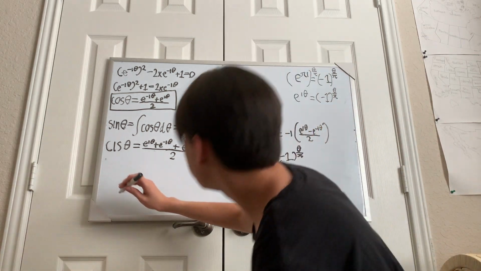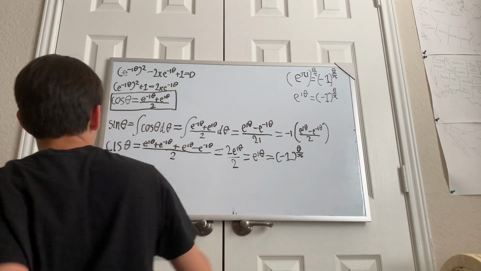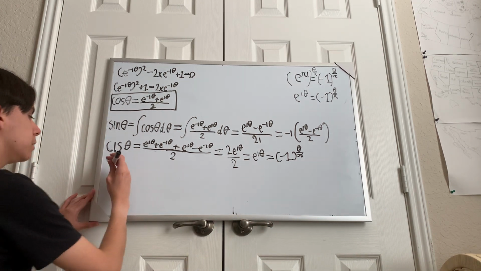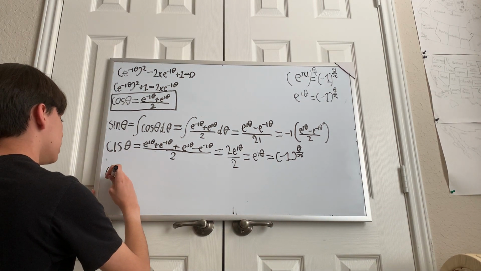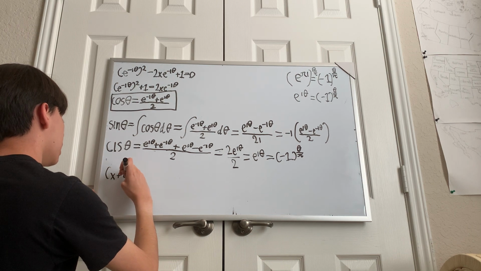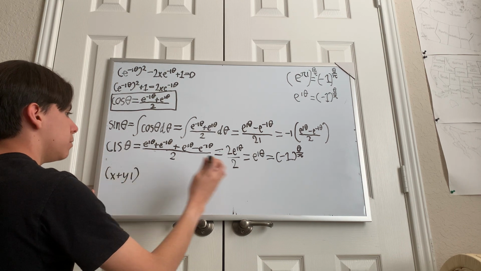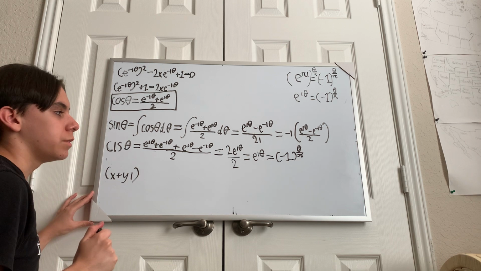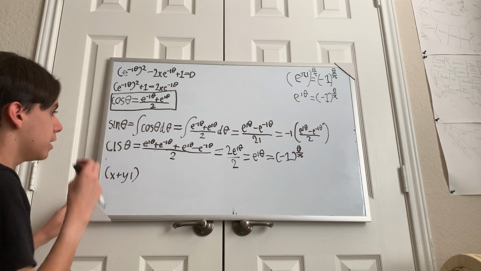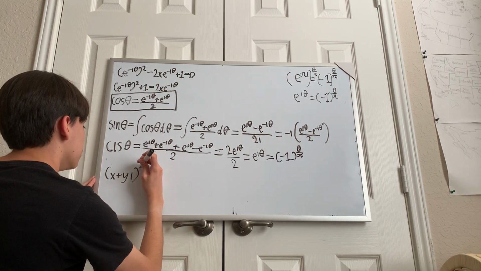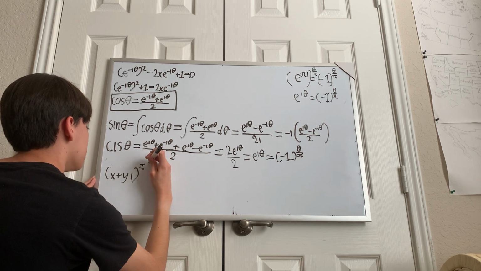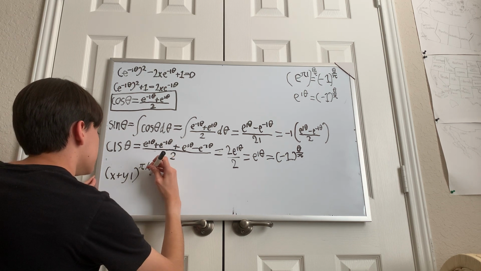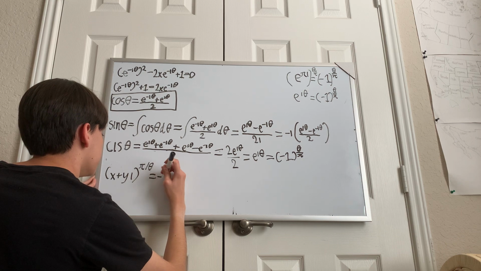So let's replace cosine and sine with x and y like we did before. So x plus y I. We raise both sides to the pi over theta so that -1 is isolated. So to the pi over theta is equal to -1.